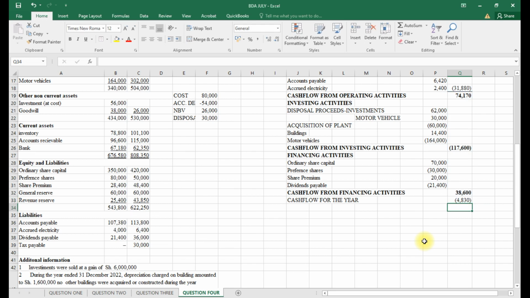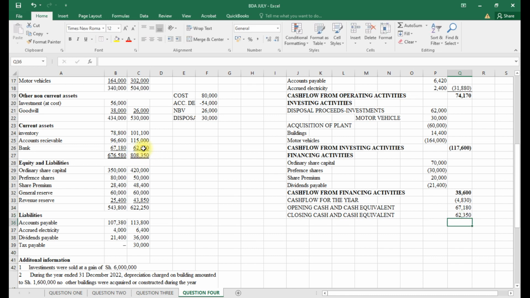We have opening cash and cash equivalent, and the closing cash and cash equivalent. We find that the opening cash, at the beginning we had only bank, and at the end we have still bank.